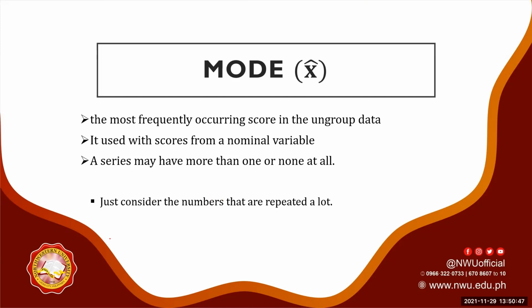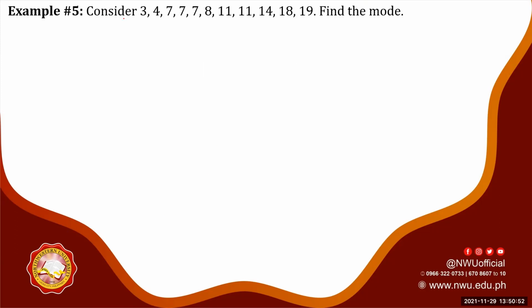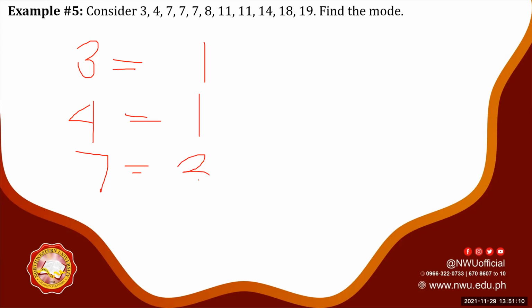Yung may pinakamaraming bilang. So, like for example, here is the list of the data and you are trying to find the mode. Ang pwede mong gawin is ilista mo lahat yan. So, ilan yung 3 na nabibilang mo? Of course, iisa lang. Ilan yung 4? Iisa lang din. How about 7? Ilan yung nakikita mo? May 3 ka. That's your 3. Paano naman yung 8? Iisa lang din. Your 11? 2 lang.